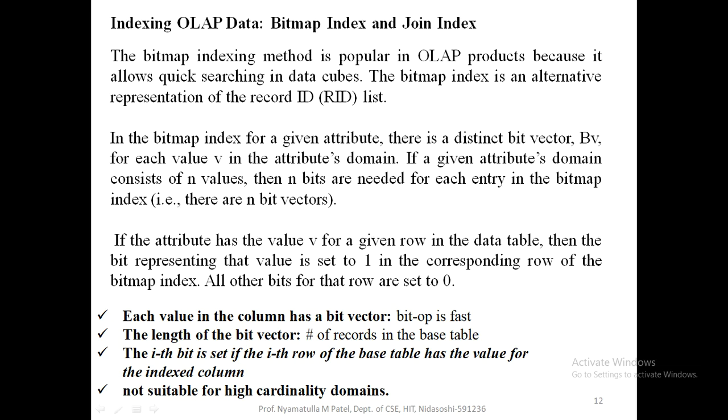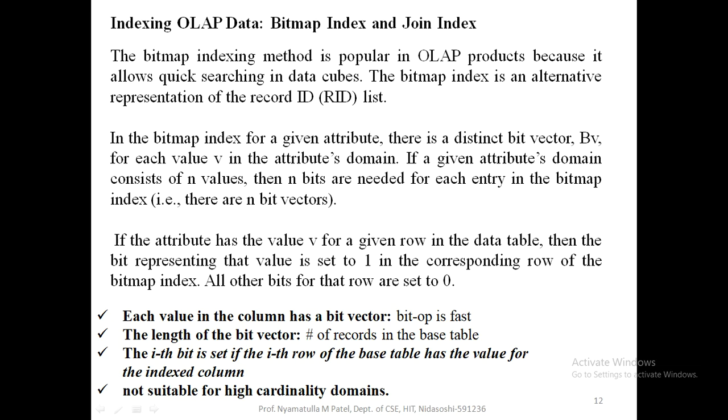Now consider your data is arranged in the form of rows and columns. If the attribute has the value V for a given row in the data table, then the bit representing that value is set to 1 in the corresponding row of the bitmap index, and all other bits for that row are set to 0.